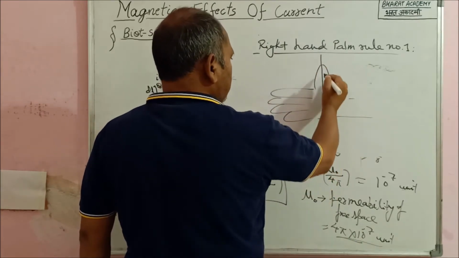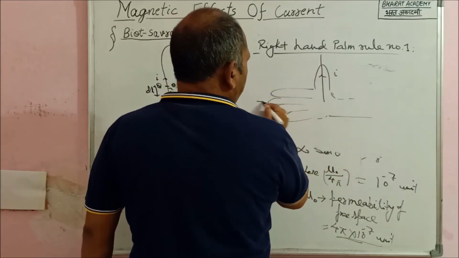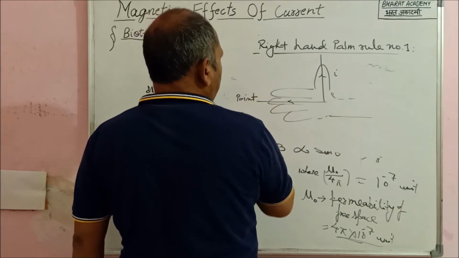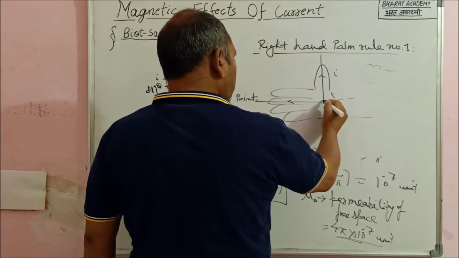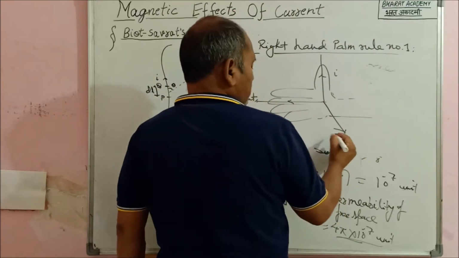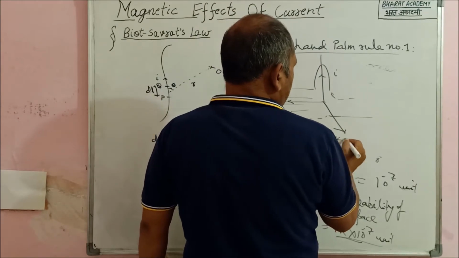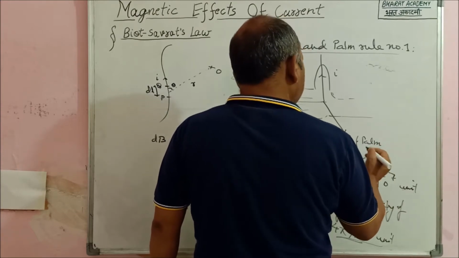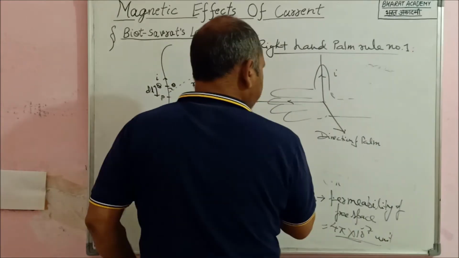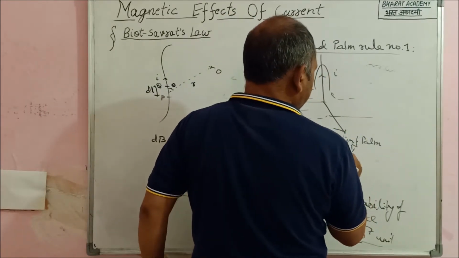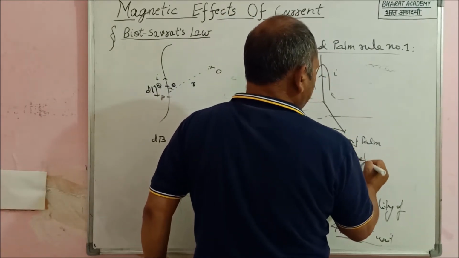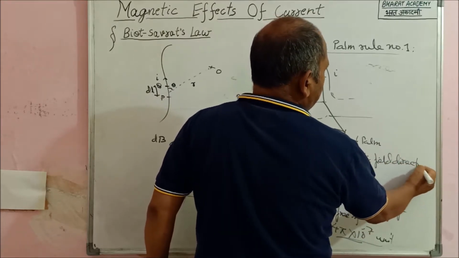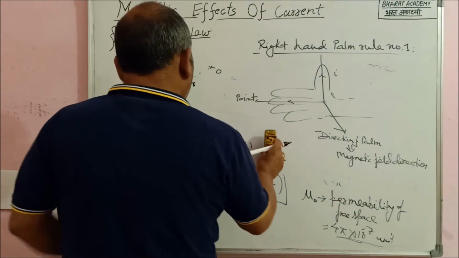If the thumb represents the current direction and fingers point towards the point where we want to find out the magnetic field, then the direction of the palm, this right hand, will give you the magnetic field direction, right?